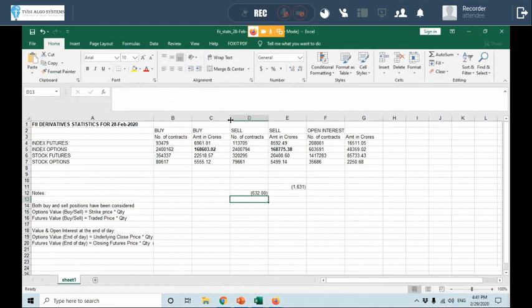Call buying is a bullish position and put buying is a bearish position. So generally we can't conclude anything, but at least you can gauge the net futures position, whether they have sold or bought. This will give you the idea in terms of value.